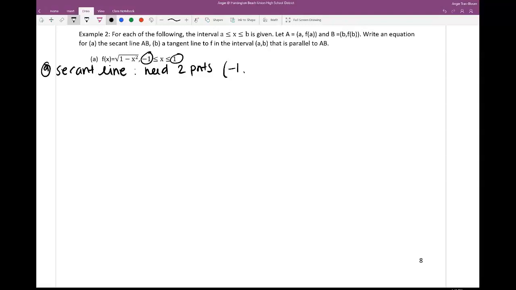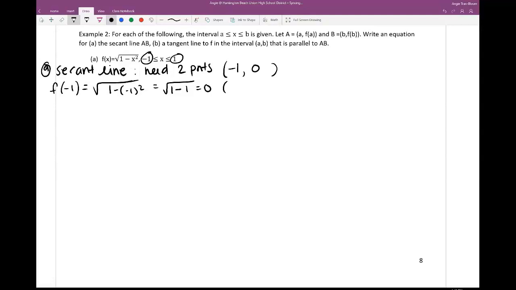The first one is -1, comma, we'll find f of -1, let's plug it in. It's square root of 1 minus (-1) squared, which is 1 minus 1, so this is going to give me 0. So that's my first point.